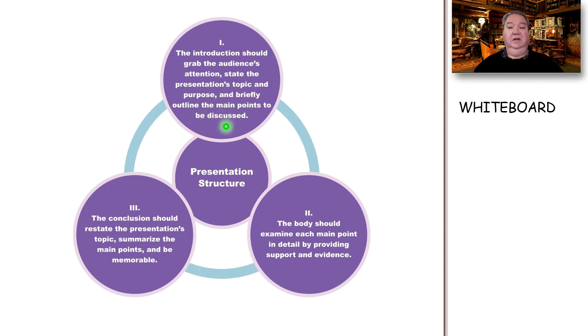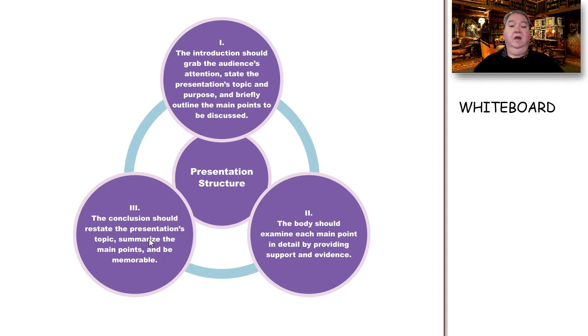So we give a little overview there. Then in step 2, the body of the presentation should examine each main point in detail by providing support and evidence, examples, statistics, evidence and support for what you're talking about.